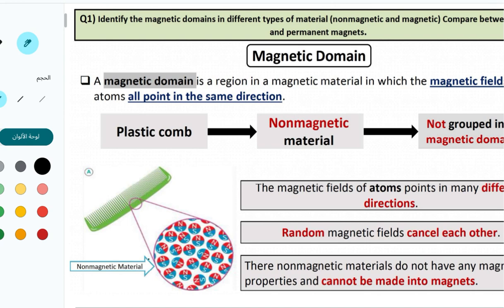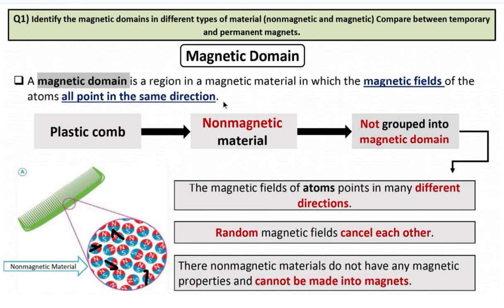If we look at the magnetic field of these atoms here, we can see north is pointing in this direction in this atom, but in this atom it's pointing in a different direction, and this one is pointing in that direction, and this one is pointing in yet another direction. So this random pointing of the magnetic fields causes the magnetic fields to cancel each other out, making it a non-magnetic material. Non-magnetic materials can never become or turn into magnets or have magnetic properties.